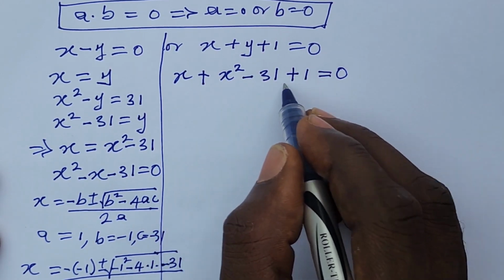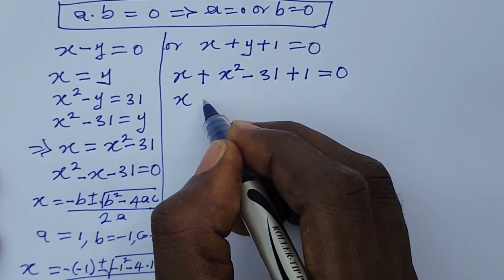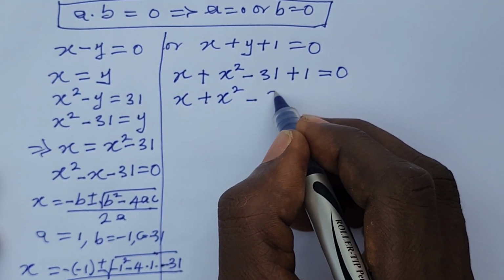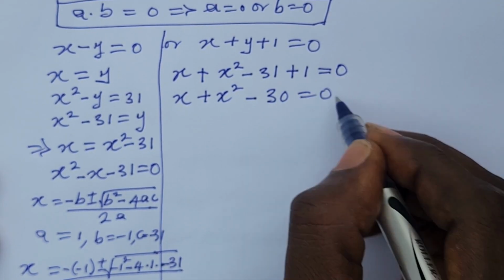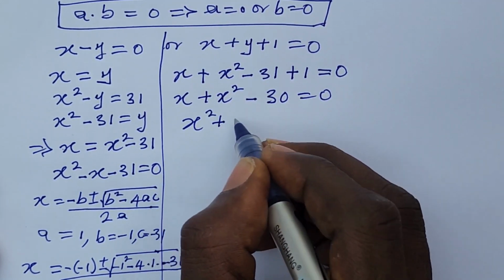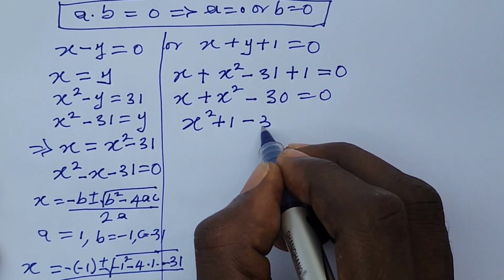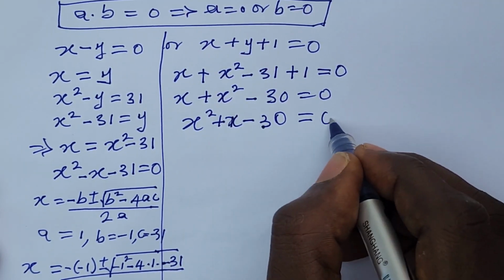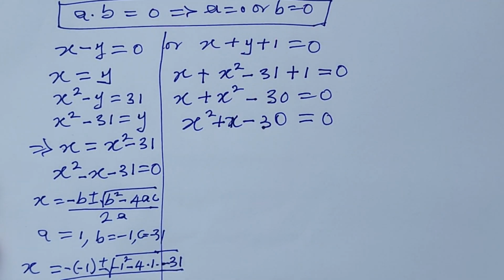Then we can add this and this together to give us x plus x squared minus 30 equal to 0. So if we rearrange, we have our x squared plus x, then minus 30 is equal to 0. Now this is a quadratic equation.